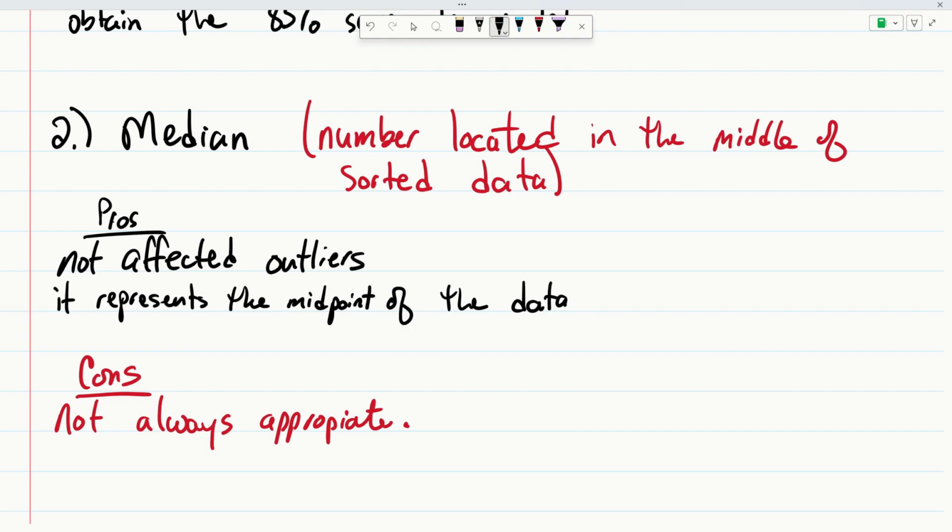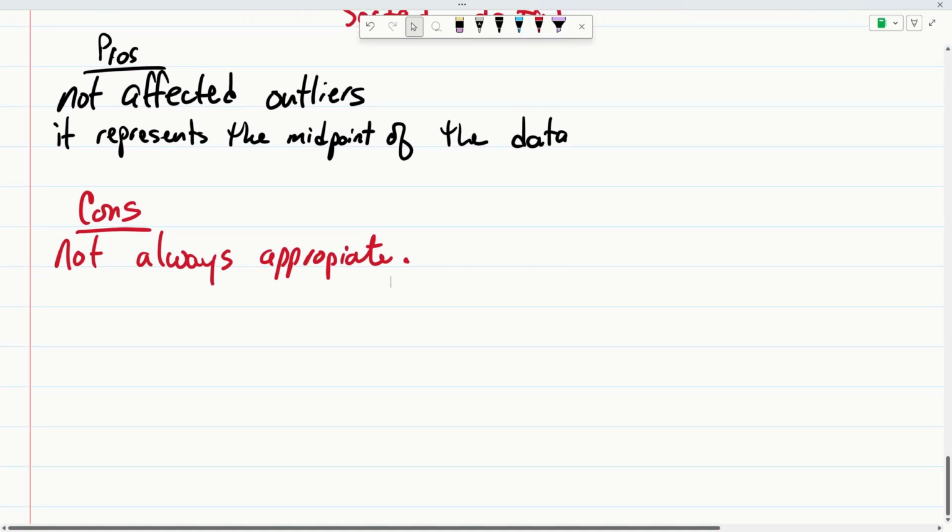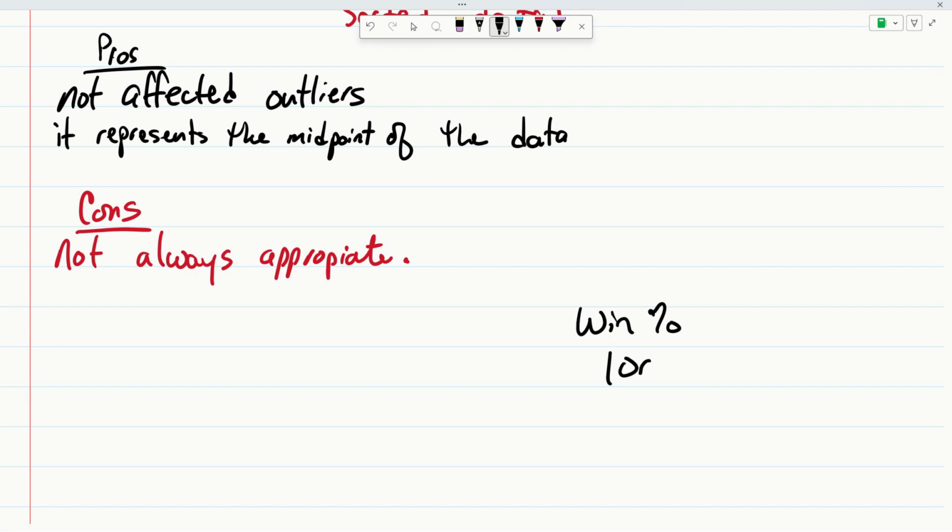If a team wins all the time, they will have a winning percentage of 100. Then we'll call this the Pittsburgh Steelers. And I know they don't win all the time, but let's hypothetically say they do.